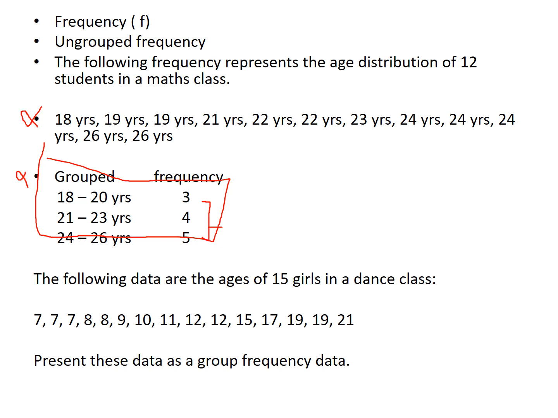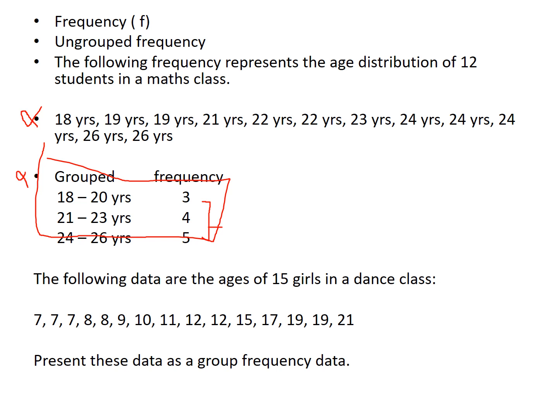And I know that there is a lot of software out there, but you should know how the calculations are worked out. So the first thing you do is create x, which will be the midpoint, and then you will create the next column, which will be f times x.